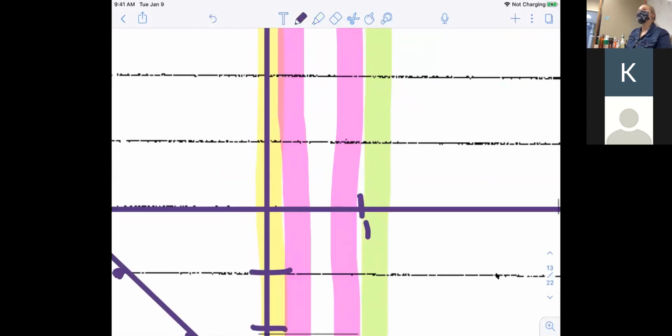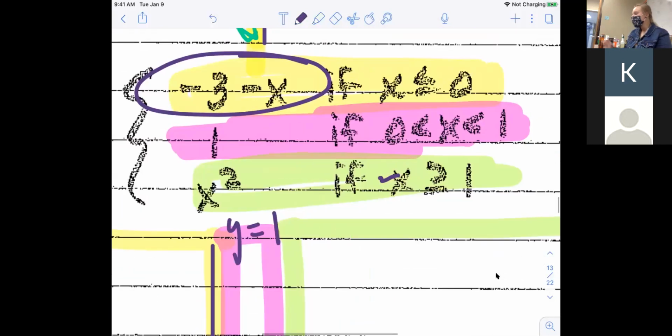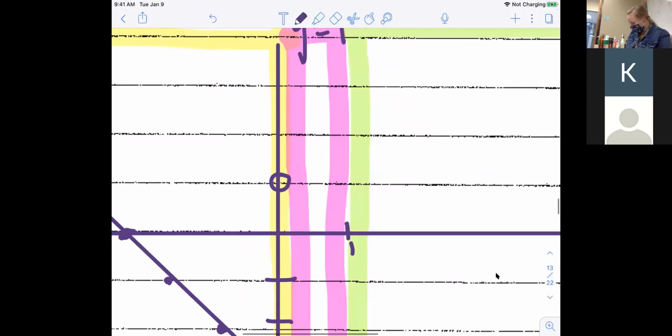Now, I do not get to use closed circles because it says it's greater than 0 and it's less than 1. So I'm just going to do an open circle and I'm going to do a horizontal line across.